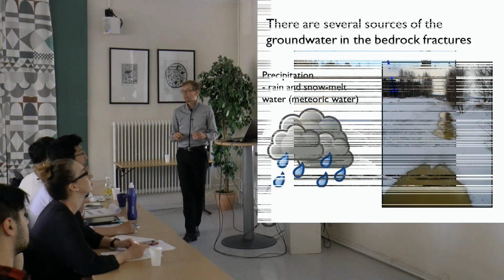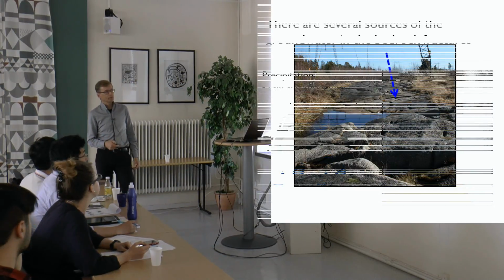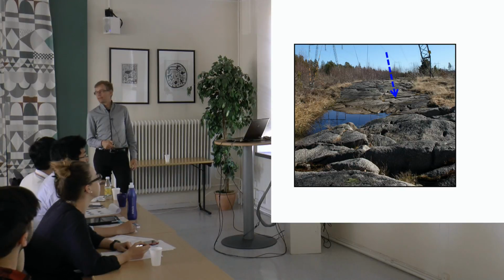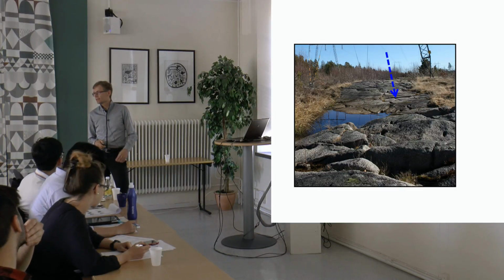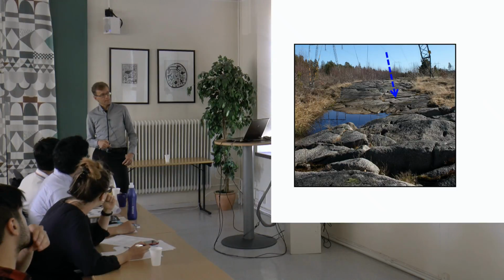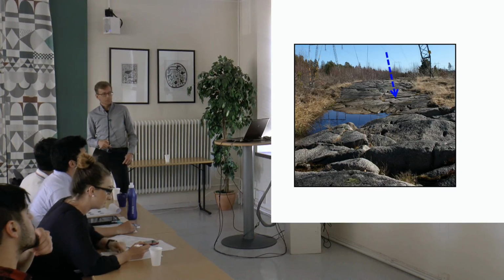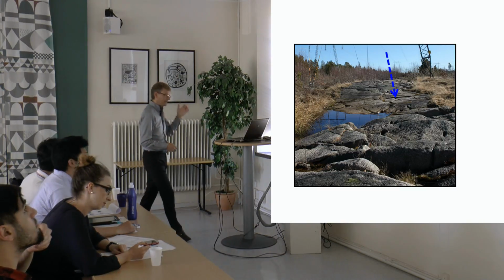When it rains, when the snow melts, this water can penetrate directly into the fractures, like here, in areas where the bedrock is exposed or there is a very thin soil cover. So rainwater seeps into the bedrock fractures.